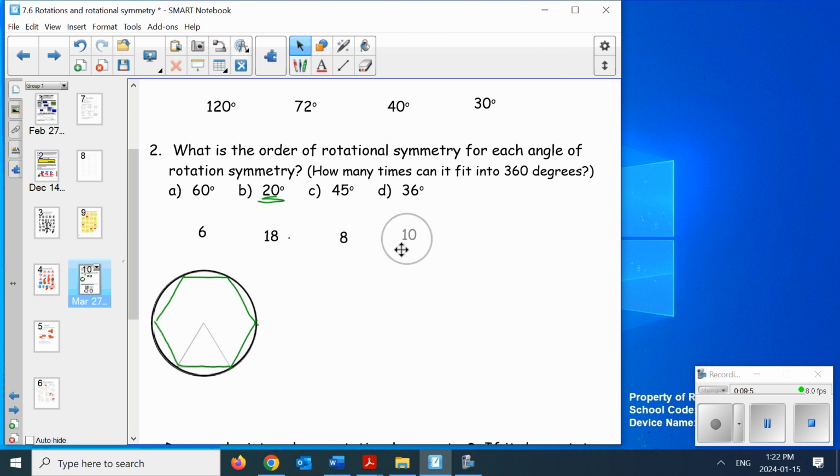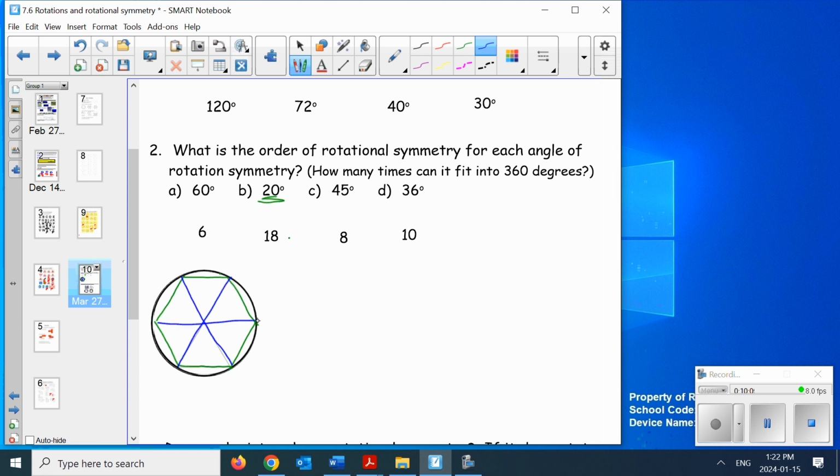8 and 10, right? So essentially, if you cut a pie into 60-degree sections and made the shape on the outline, you guys follow that? That's how you could really do it.